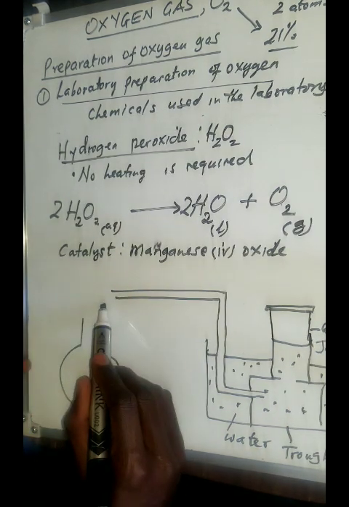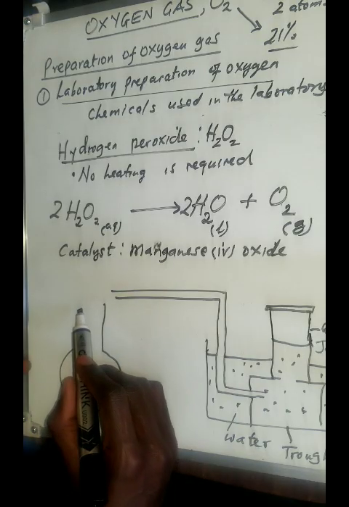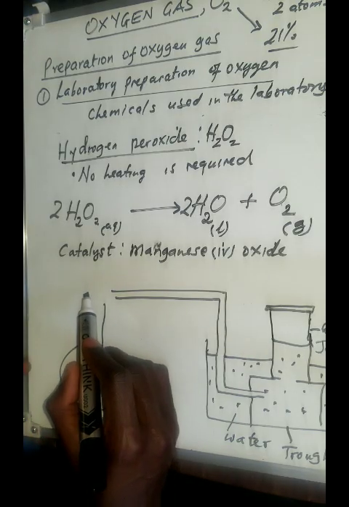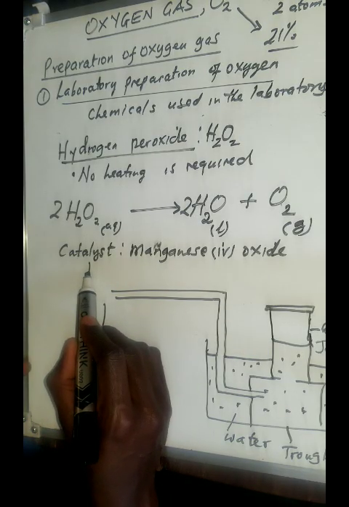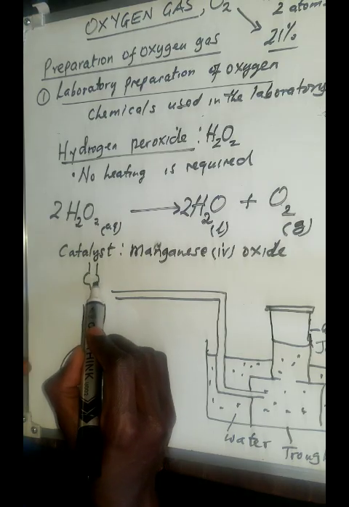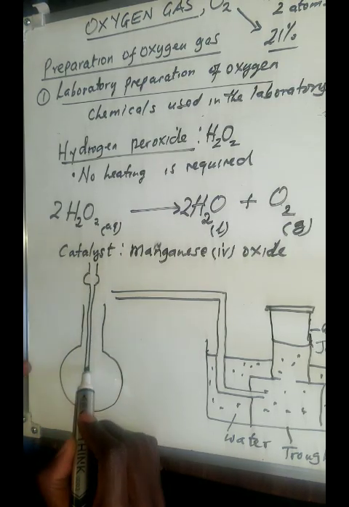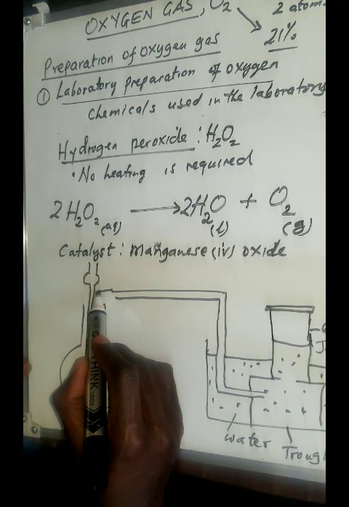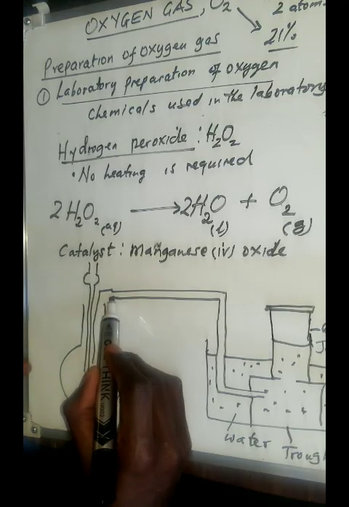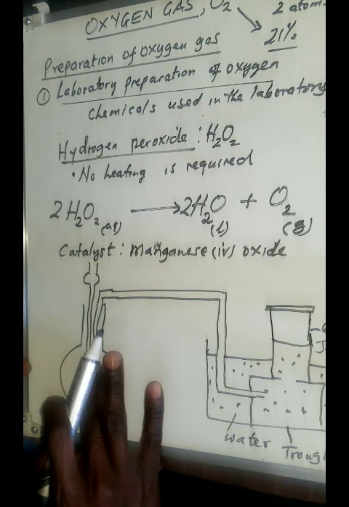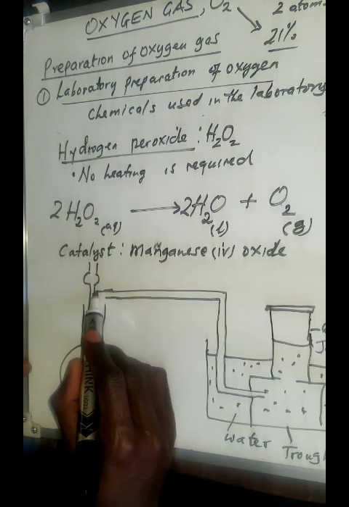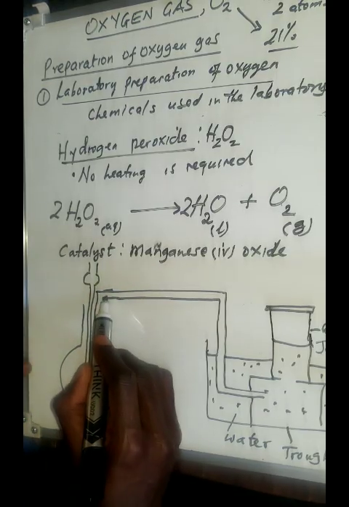Then in this direction, we can just increase the mouth of this round bottom flask. So we can also have a thistle funnel in that direction. Okay, we should draw that properly.